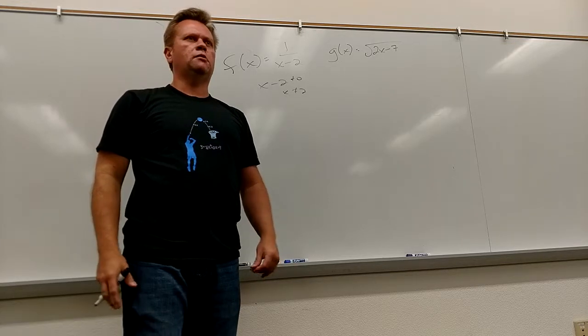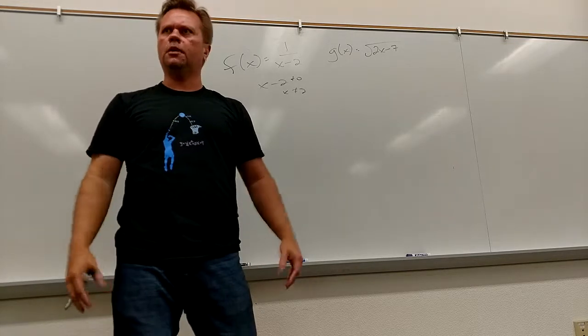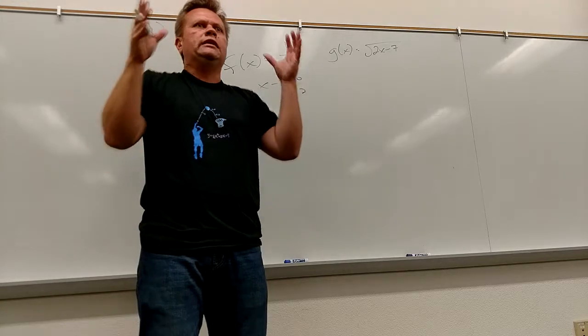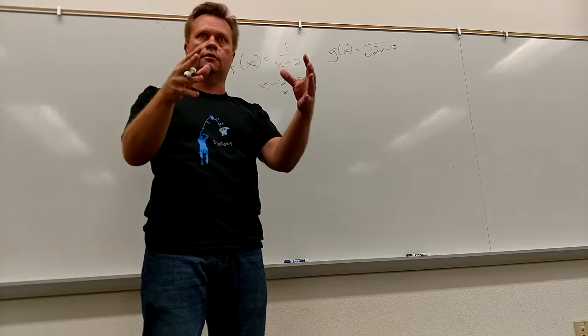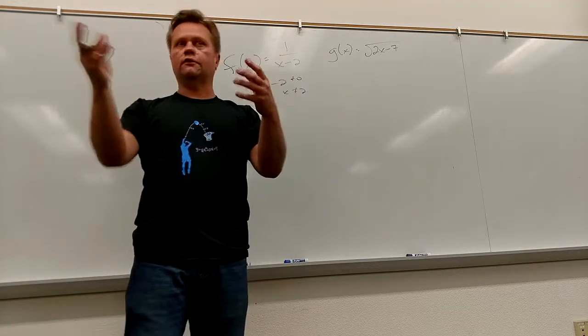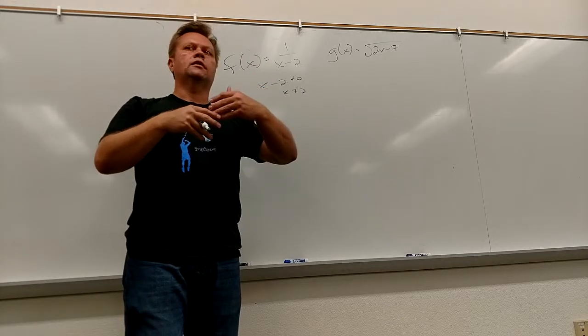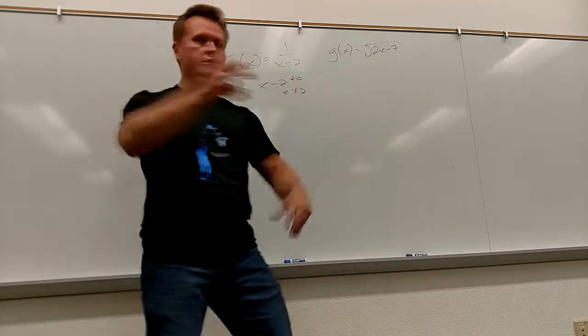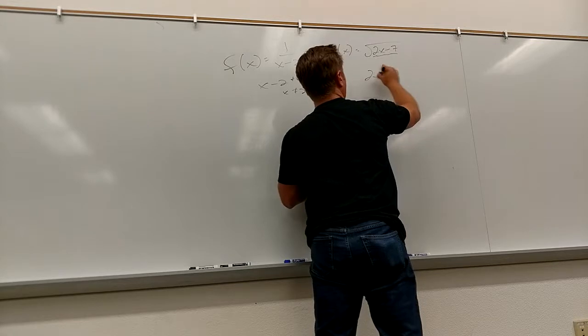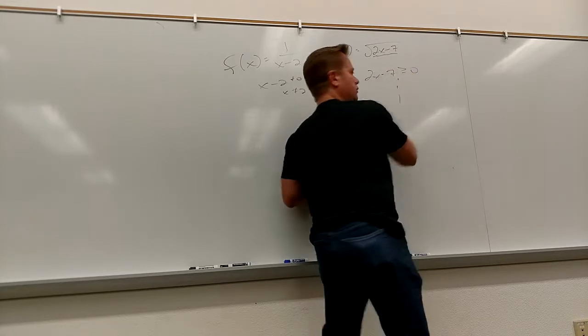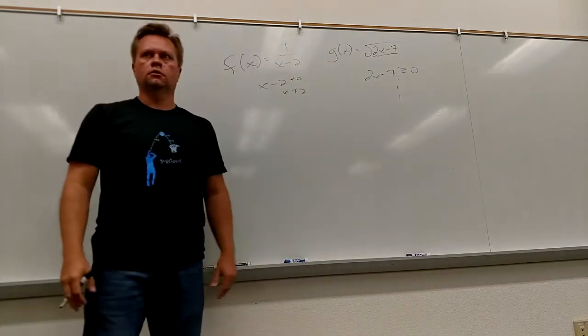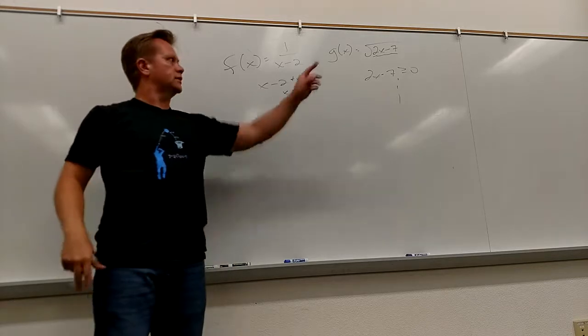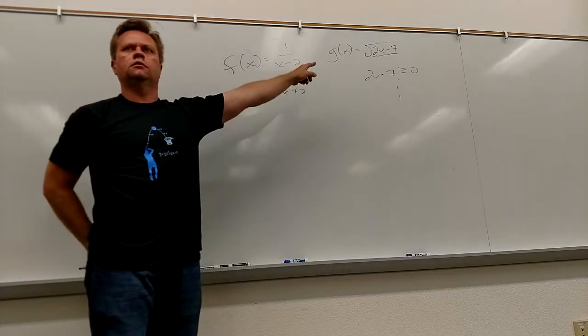I had way too many people writing radicals down when they started doing the domain. No, it's what must be true about the inside. The inside can't be negative, so it must be greater than or equal to 0. So the inside must be greater than or equal to 0, and then you solve it. Period. Why is that true? Why did I say the inside must be at least 0?